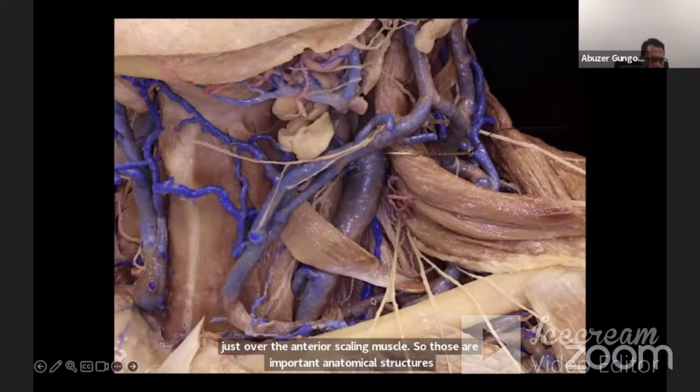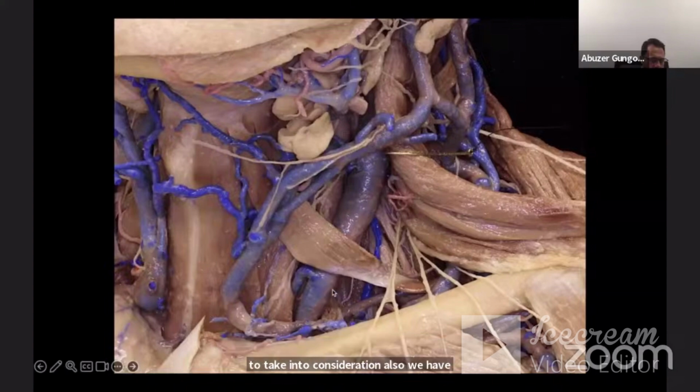Also, we have here inferiorly to the omohyoid the thoracic duct, right there in the confluence between the subclavian vein and the internal jugular vein in this location.